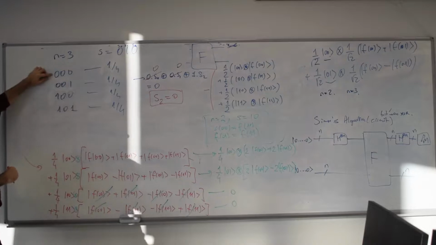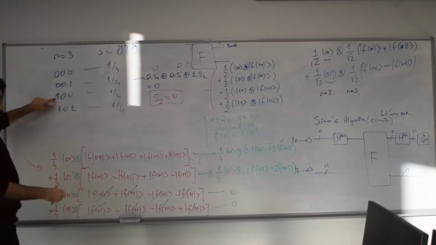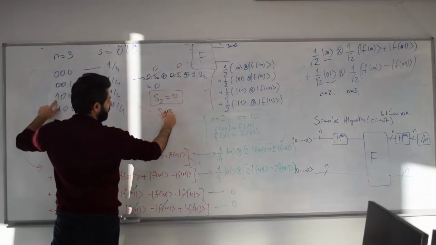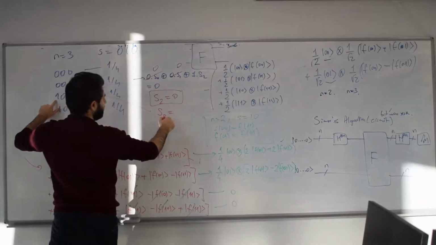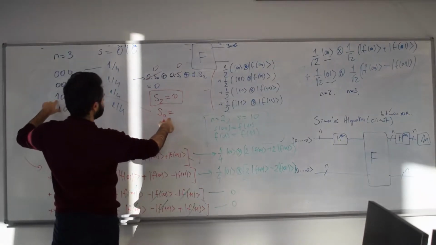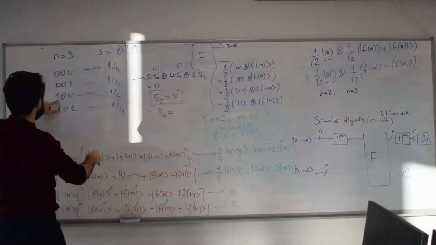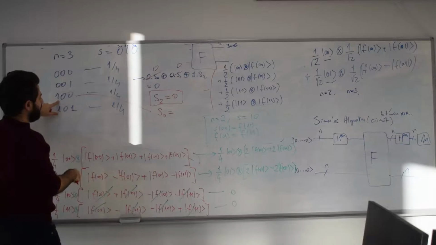You cannot find anything if the input is 0, 0, because it cancels everything. But this one is going to tell you something. If you do the same logic here, that is going to give you S0. S0 would be equal to the outcome, so this is also 0.